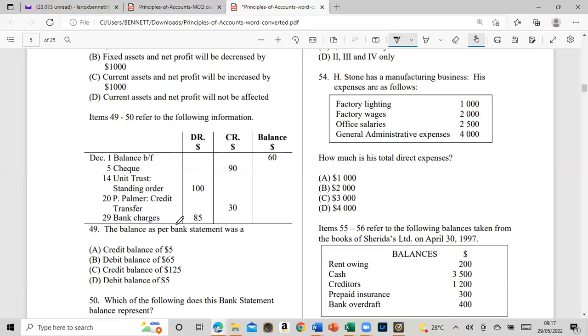Is it A, credit balance of $5, B, debit balance of $65, C, credit balance of $125, or D, debit balance of $5?